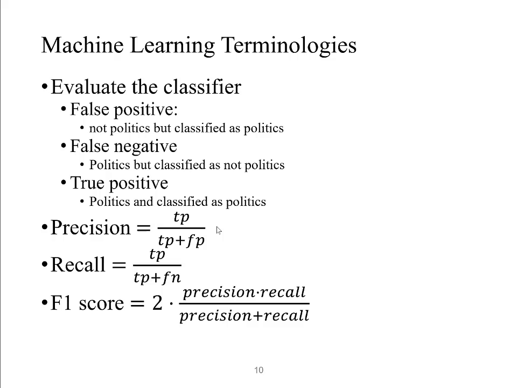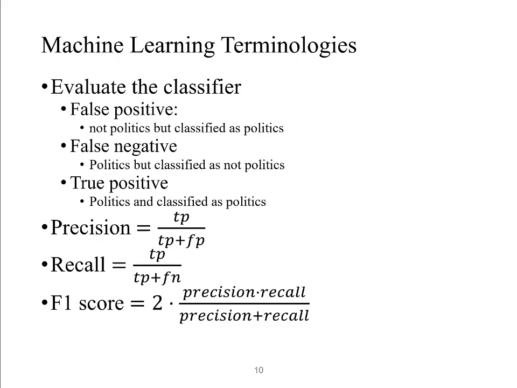So in order to evaluate the classifier, we need the terminology that has been used here. First of all is the false positive, false negative, and true positives. Right. Basically it is the same, or at least similar concept to that has been introduced in the lecture of LSH, and also the assignment questions.